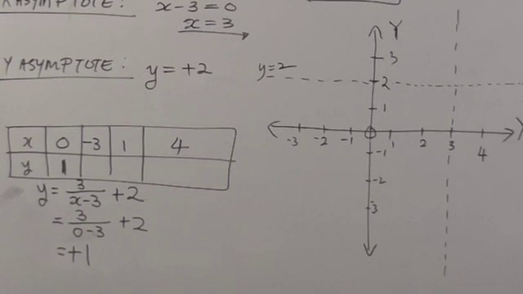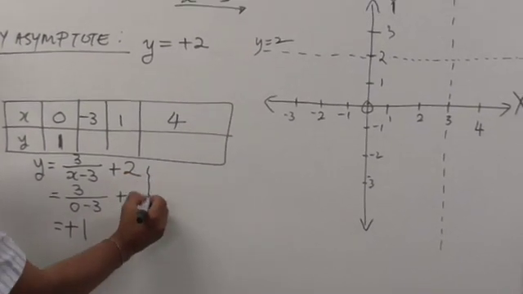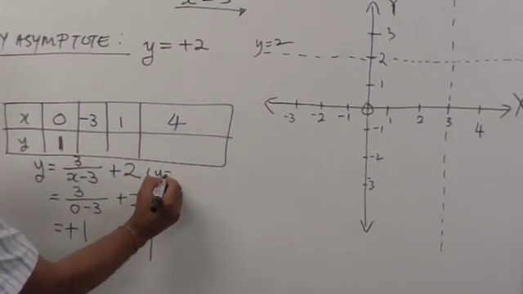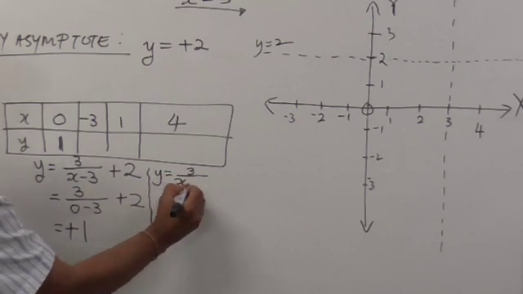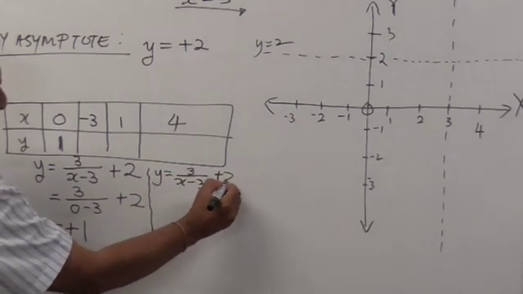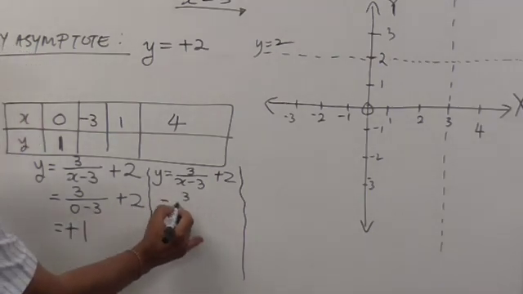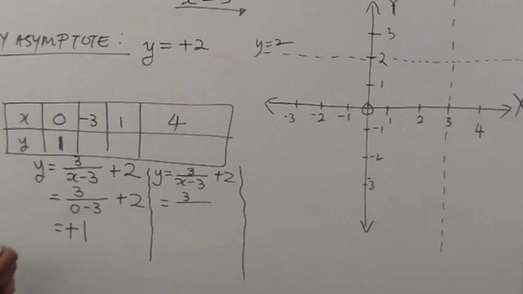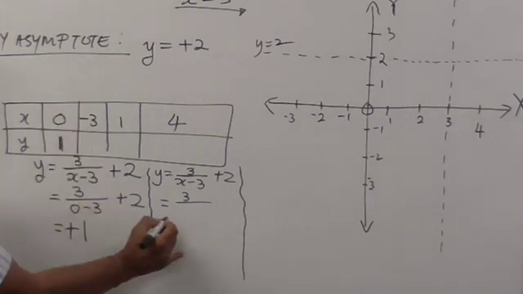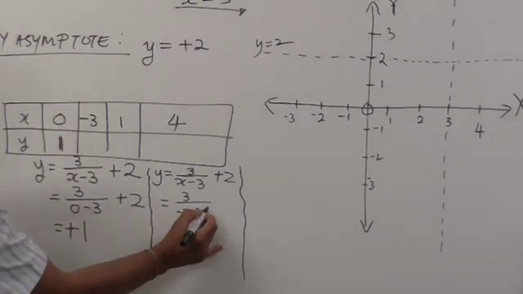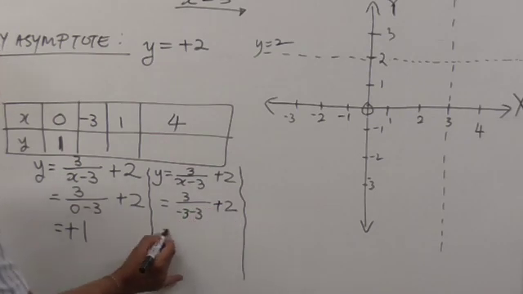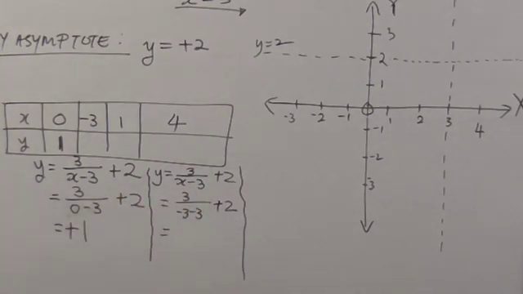Next, minus 3. So let's do the working. Y is equal to 3 over x minus 3 plus 2. So y is equal to 3 over, I'm using negative 3. So it's negative 3 plus 2.